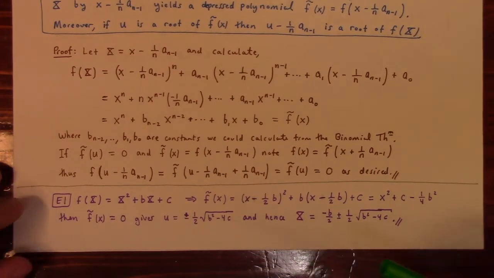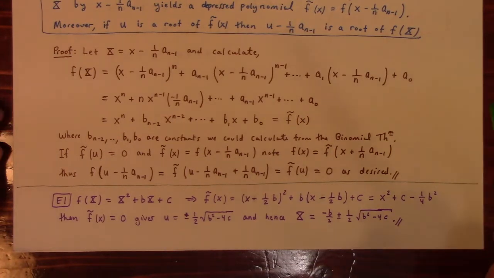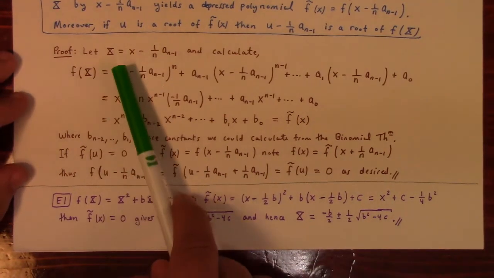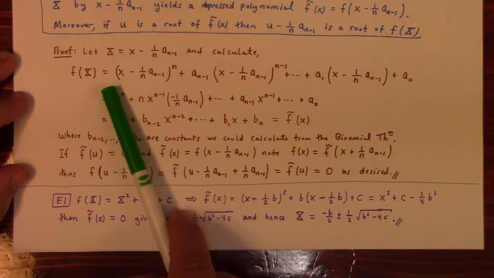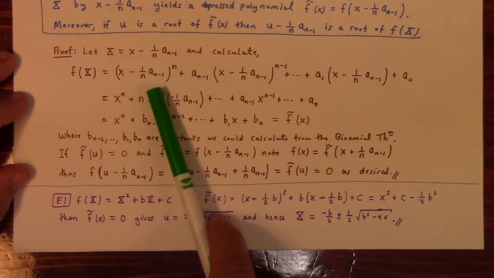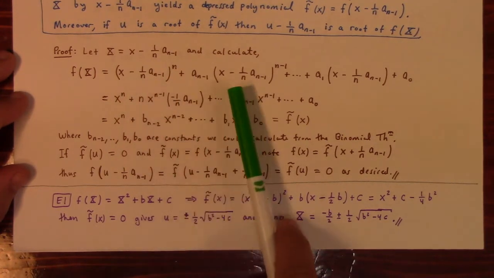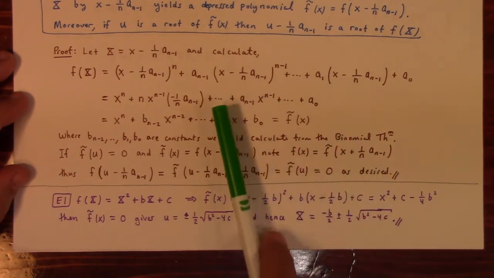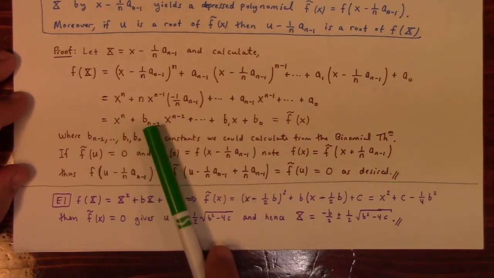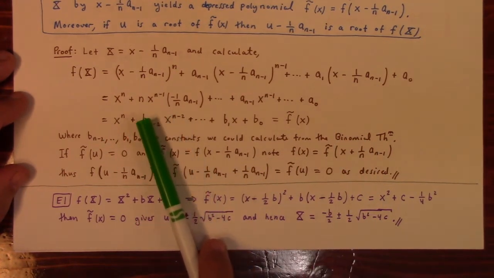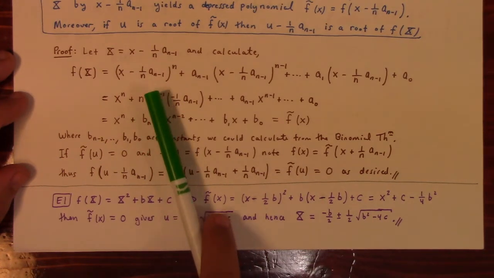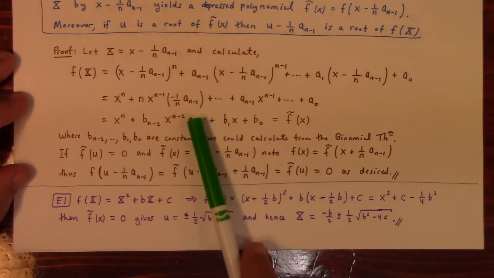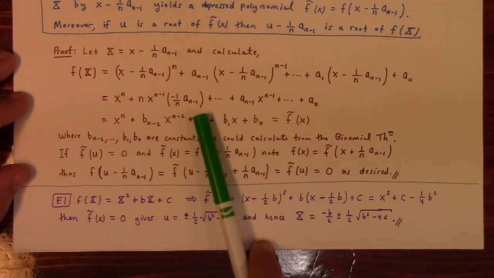Proof is just a straight calculation here, and it's like let big X equal to little x minus 1 over n a sub n minus 1. Plug it in here, plug it in here, plug it in there. Expand those out, binomial theorem, right? The next to leading term is n times x to the n minus 1 times minus 1 over n a sub n minus 1, right?